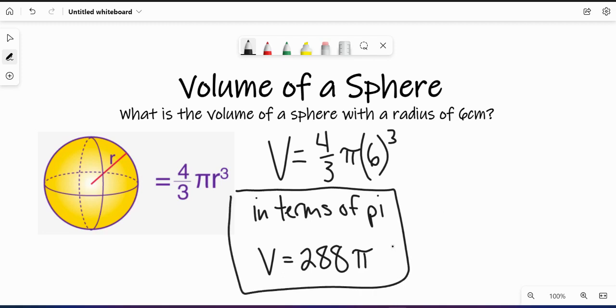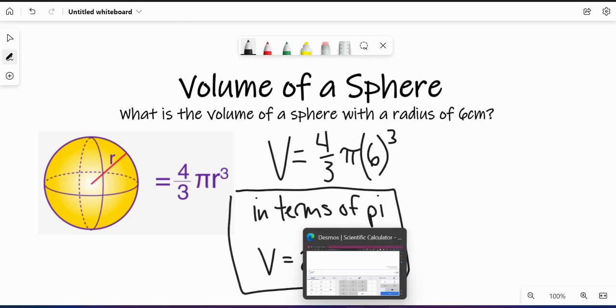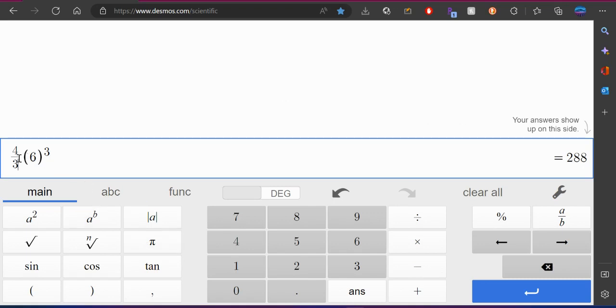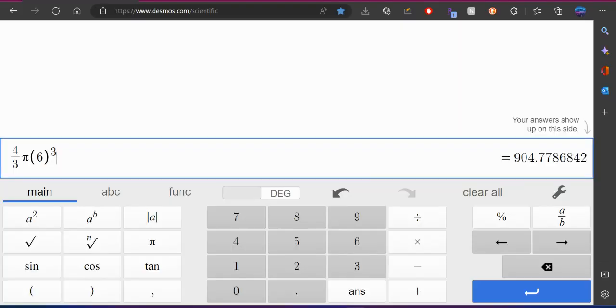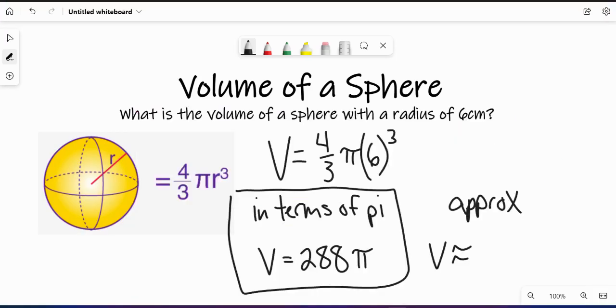All right, now if I want it rounded, go back to my calculator, I have to throw the pi back in. So I put it right back in here, and I round it. It's 904. If I want to round it to the nearest tenth, it would be 904.8. So my approximation would be 904.8.